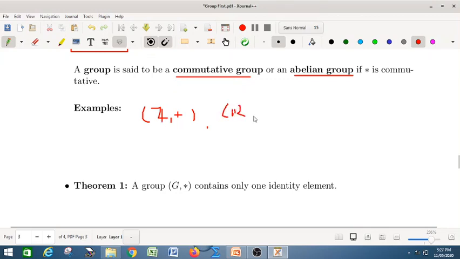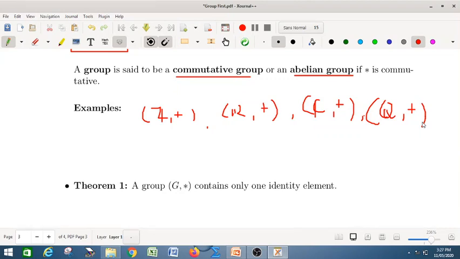C comma plus, complex numbers with respect to addition, forms a group with respect to addition, and so on. Rational numbers with respect to addition, Q comma plus. These are all groups, so they follow these properties.